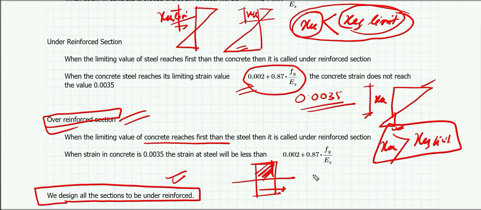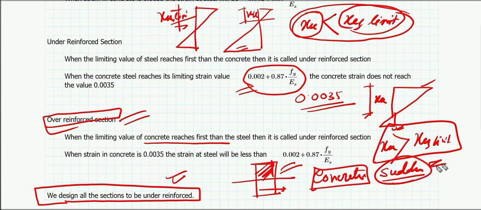Concrete is very brittle, right? So if concrete fails first, then the failure of the structure will be sudden, which is not an ideal condition for any structure, because if the failure is sudden, the dwellers will not have sufficient time to evacuate the structure.